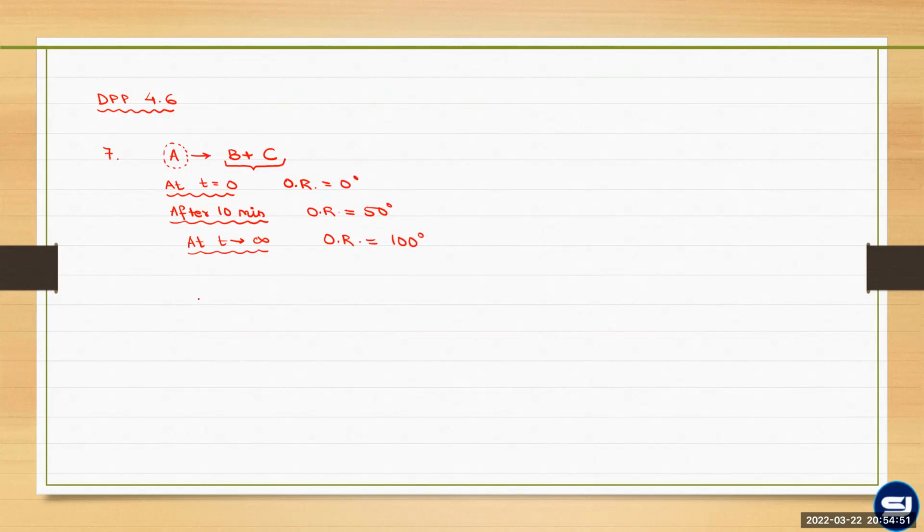So we have to find the rate constant. Generally, how do we write the rate constant for a first order reaction, in terms of concentration? 1/t log of A naught by A. So 1 upon t, if we take ln, or else 2.303 by t log of A naught by At. What is A naught?